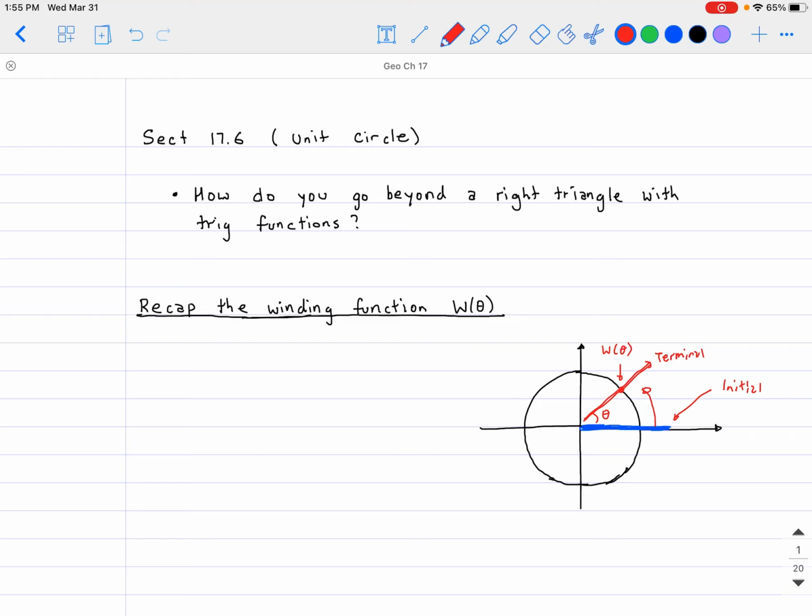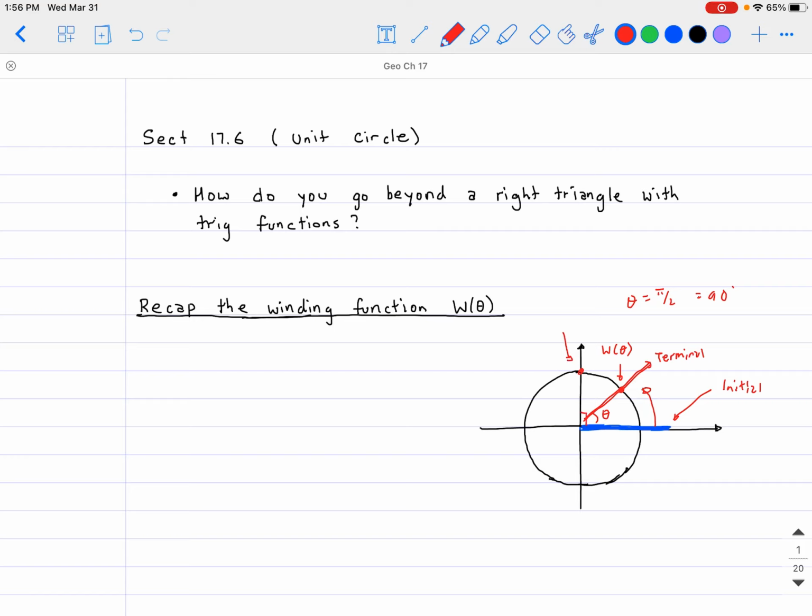As you can see, if theta is getting bigger and bigger, then it's going to give you another position that's further and further around the circle going counterclockwise. For example, when theta is equal to pi over 2, which is the same thing as 90 degrees, then you're going to be at this point over here.